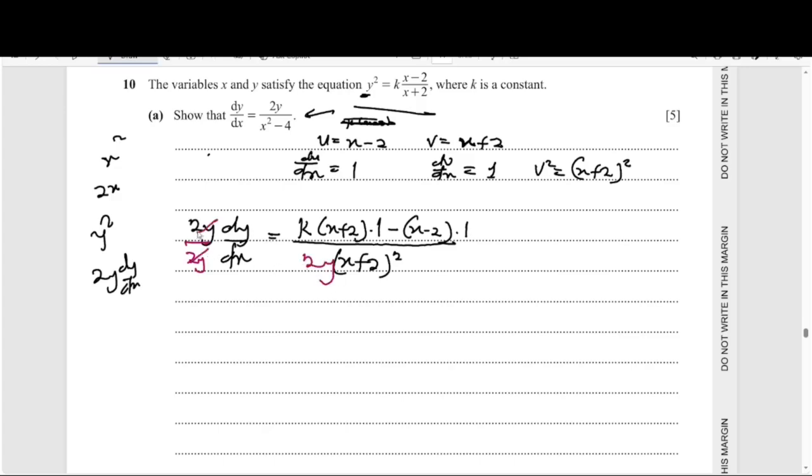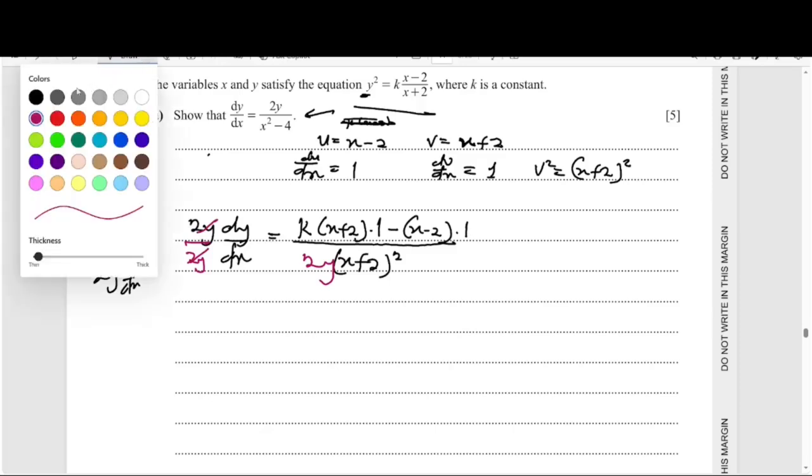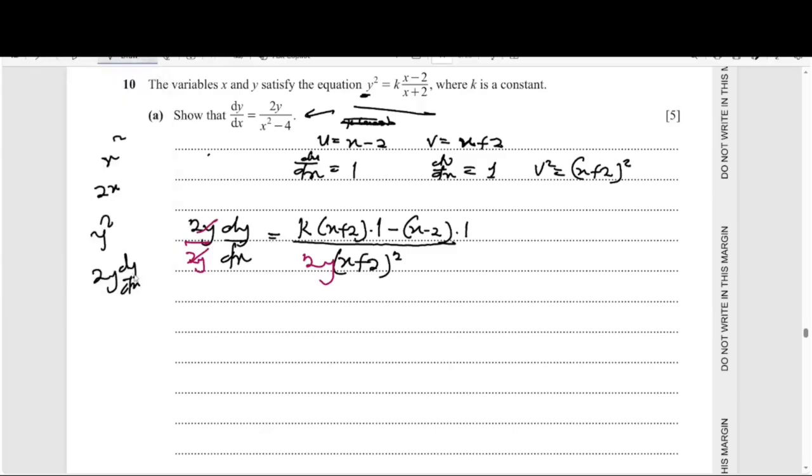So 2y and 2y are out of our expression from the left hand side. Then we have dy dx is equal to k. So I want to write a k out here for a purpose. Then x plus 2, then the other side we have negative x plus 2, all over 2y times x plus 2 all squared.